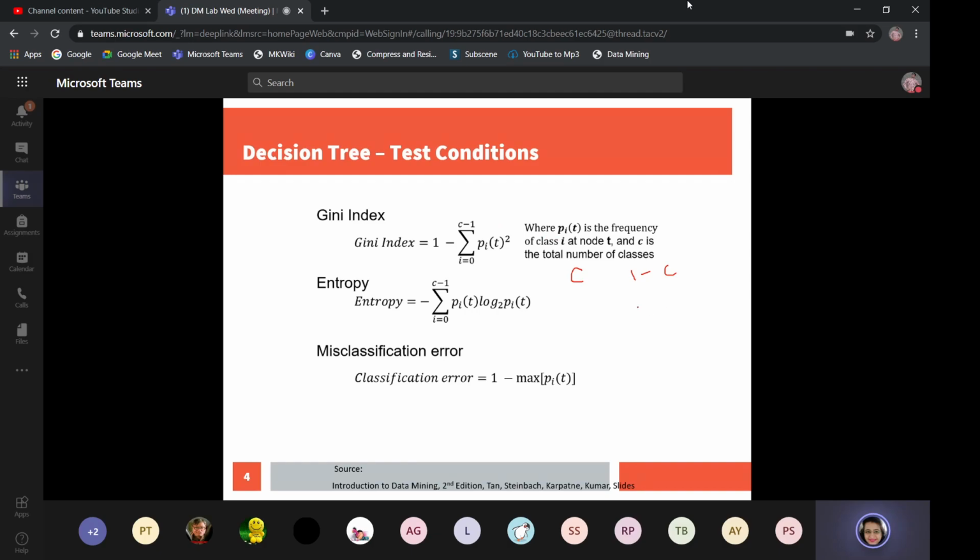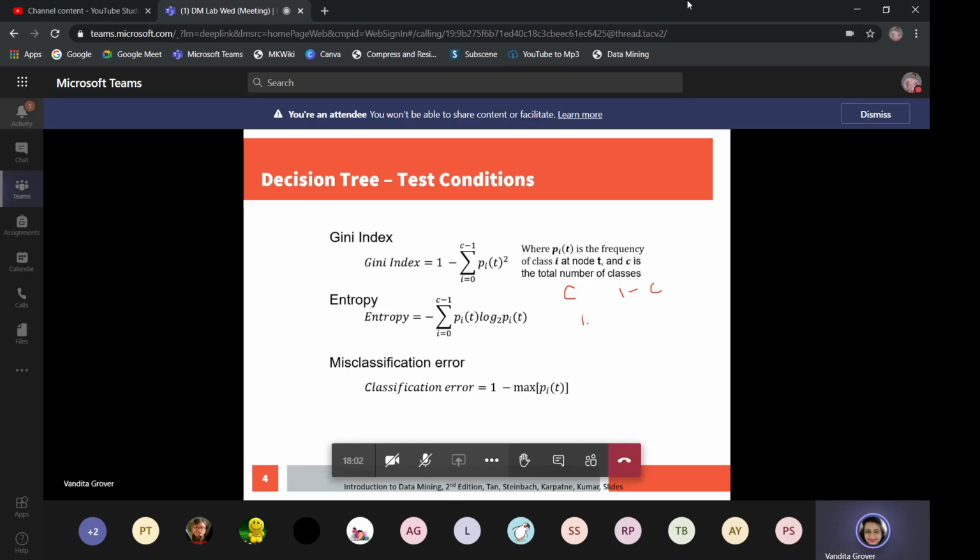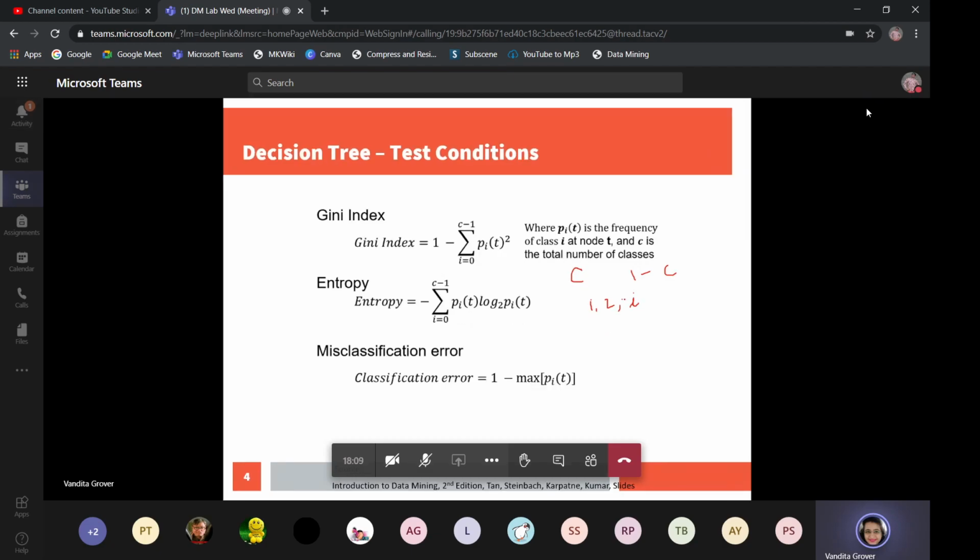So that means that if you have class 1, 2, i, up to C. So for ith class, what is the frequency at node t?